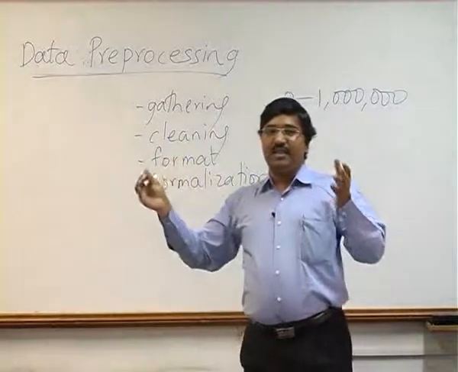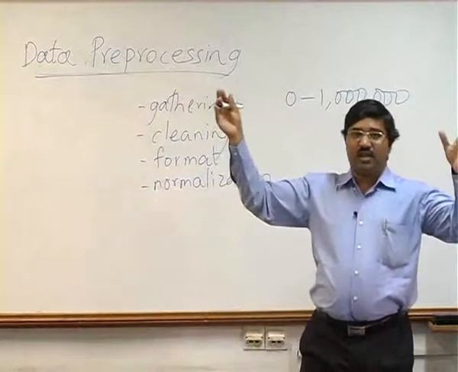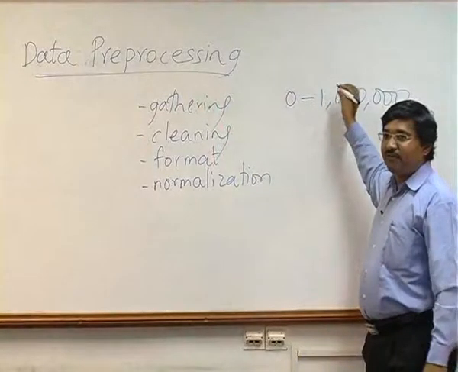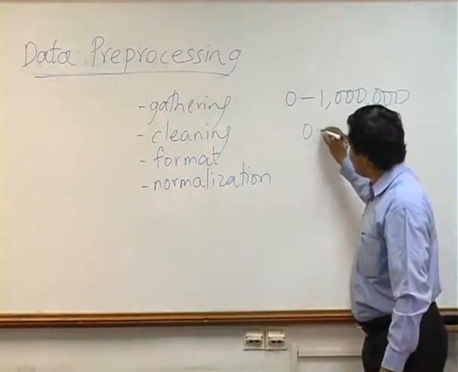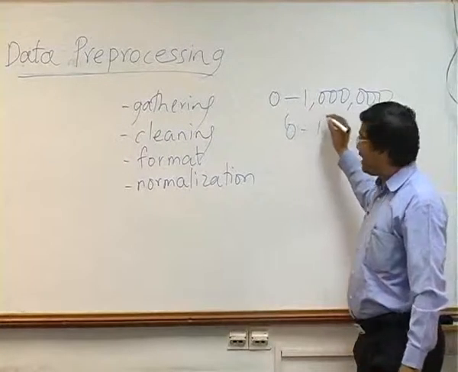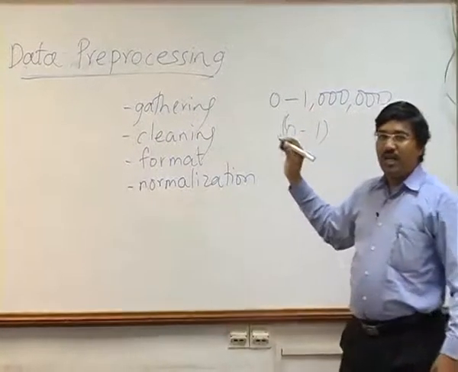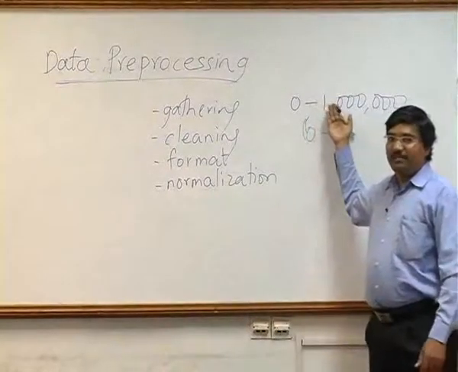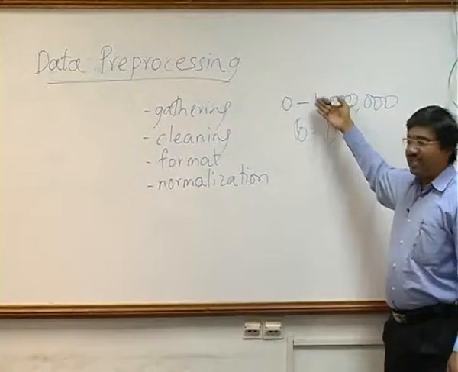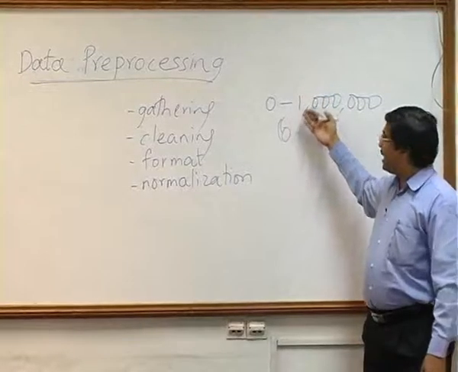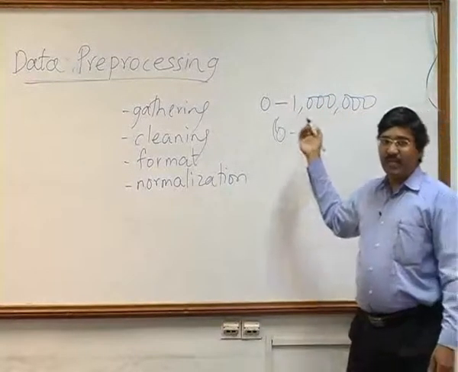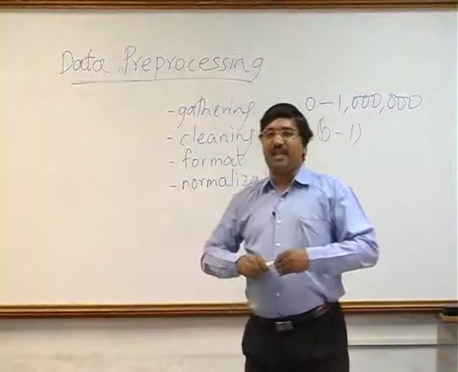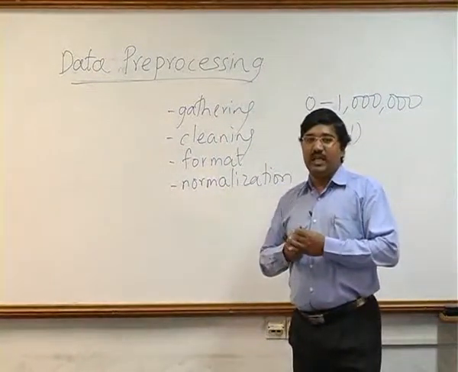And you might think that this range is too large. So you might want to normalize all the values that occur for this attribute into the range, let's say, 0 to 1. So there will be fractional values between 0 and 1. Obviously in this case it's very simple. You just need to divide each of the available values by 1 million, and then you will get the corresponding fractional values. But in other cases, data normalization might be a little more tricky.